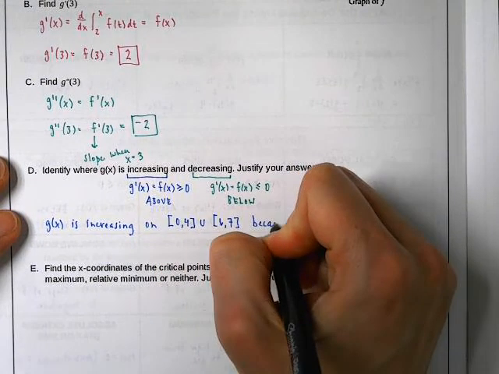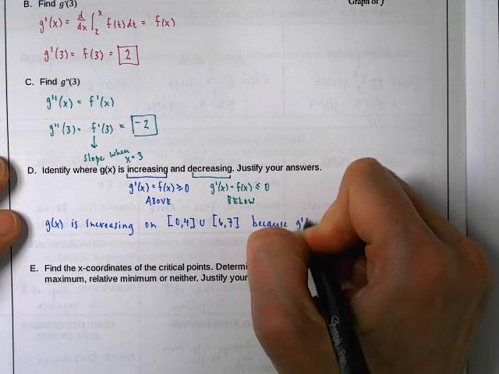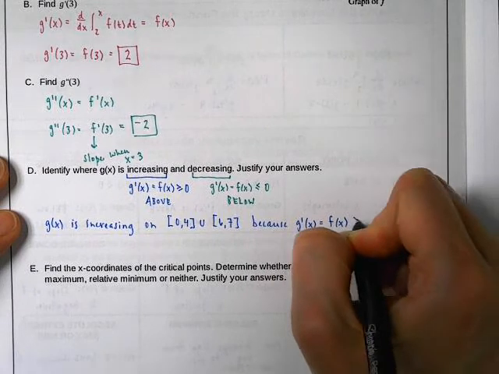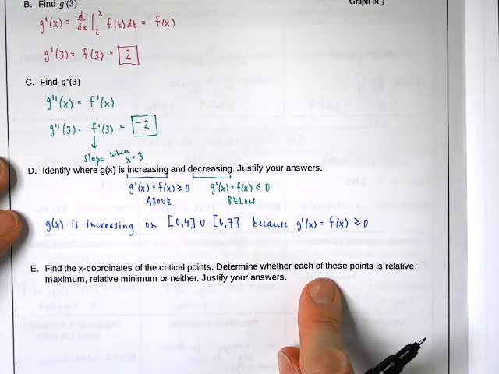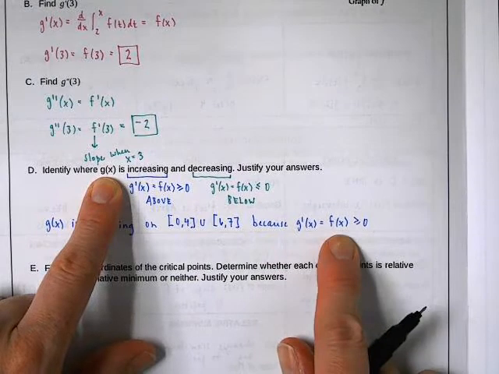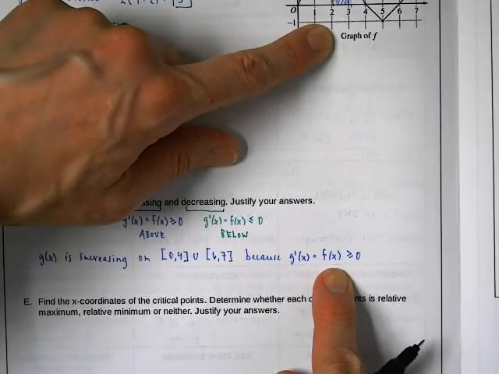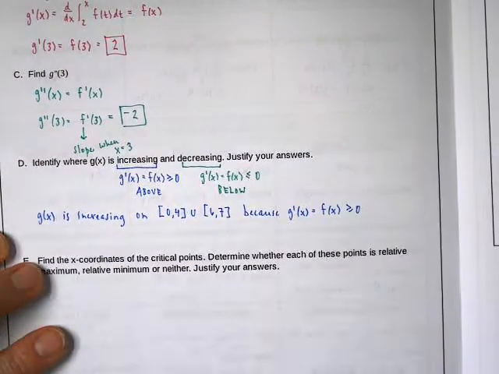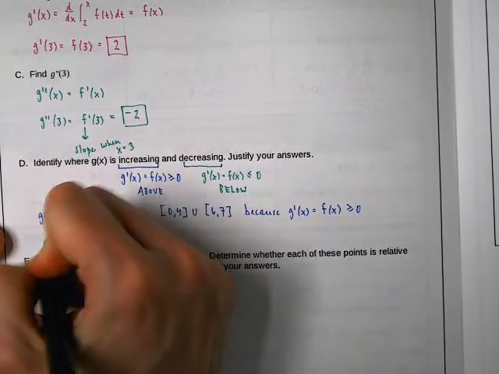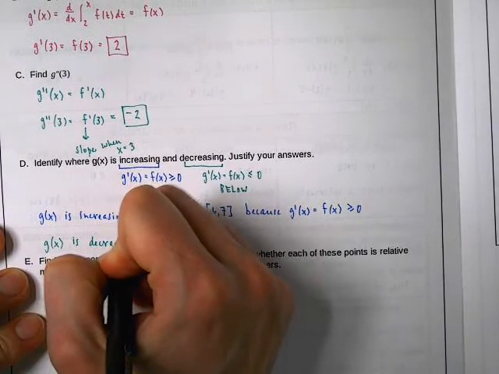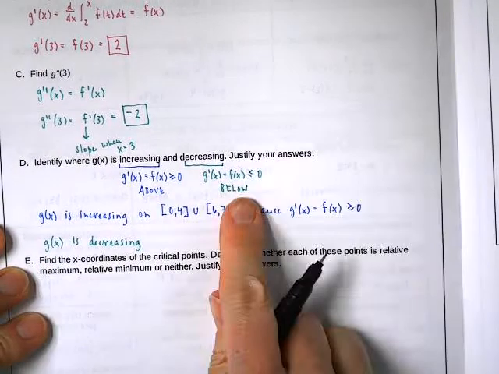because now I'm going to say g prime of x, which is equal to f of x, is greater than or equal to 0. So now I've made the connection to g, but I've also made the connection to the graph here of f. So now g of x is decreasing. So again, that was where it's below the x-axis.